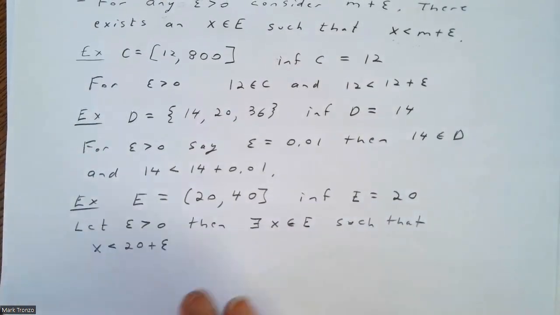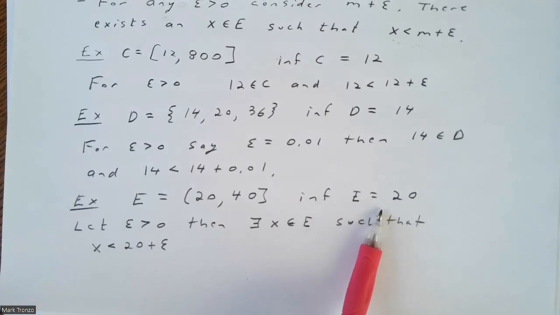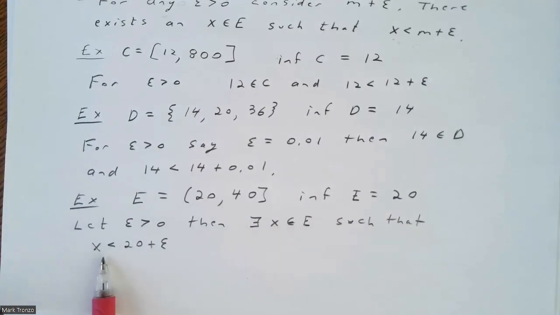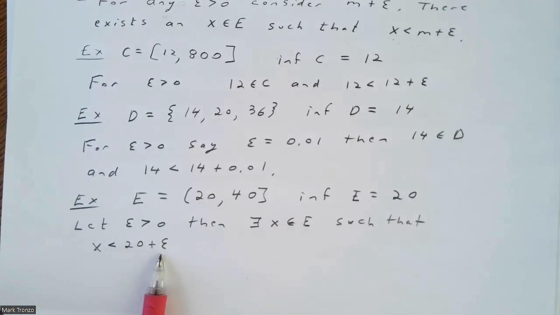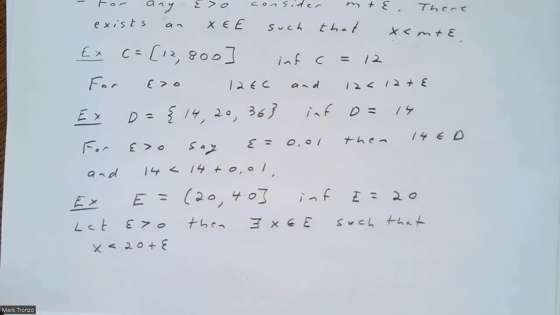Again, usually we don't do these with numbers too much, but this gives you a feel for what's going on. Now in this case, notice 20 is not that value that could be less than this, but no matter how tiny epsilon is, because this interval goes right up to 20 but doesn't include 20, no matter what epsilon you pick here, there's always going to be something in the set that's less than that infimum plus epsilon.